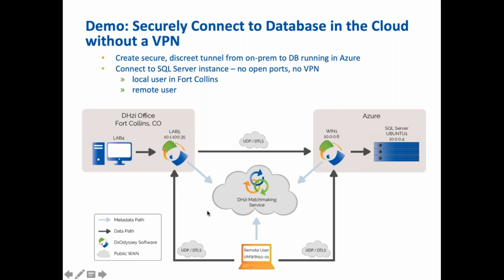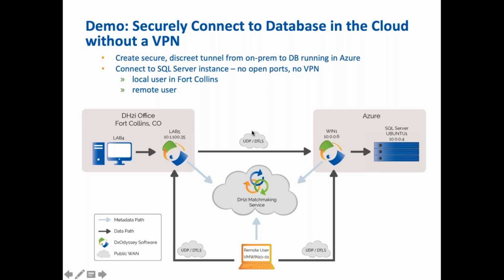And then finally, we'll move to a remote machine and show you what that looks like from the perspective of a remote user. We'll essentially define that they have access to this tunnel, configure them as a user, set their username and password, and then show the process of connecting to this instance from wherever this person is, whether they're on the road or what have you.